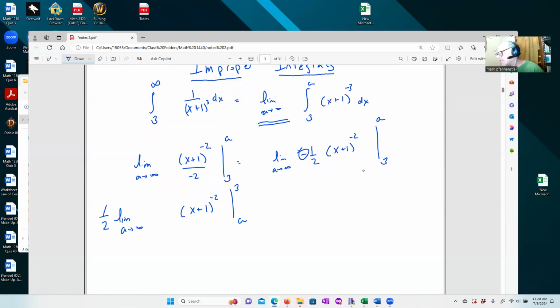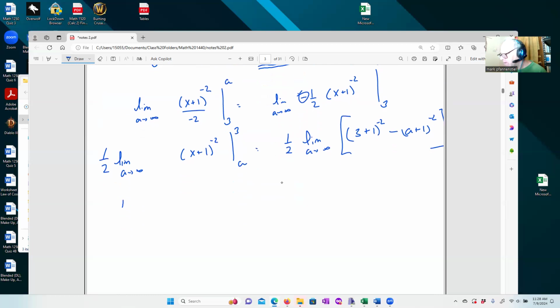That's where I swapped my integration. That's where the sign went. So we're going to say this is 1/2 times the limit as A goes off to infinity of 3 plus 1 to the negative 2 minus, brackets here, A plus 1 to the negative 2. Okay, that's what we have.